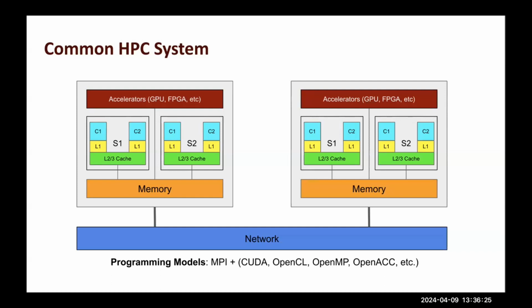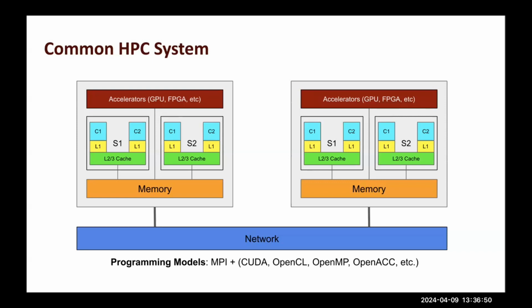So we call them accelerators because they help us accelerate the computation. FPGA is another kind of accelerator you can use to speed up your computation, but essentially, this is the traditional way high-performance computing systems work. Again, there are different architectures, but this is the most popular architecture.